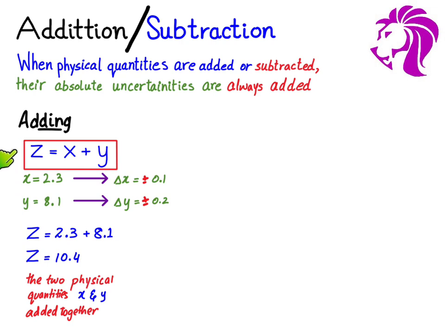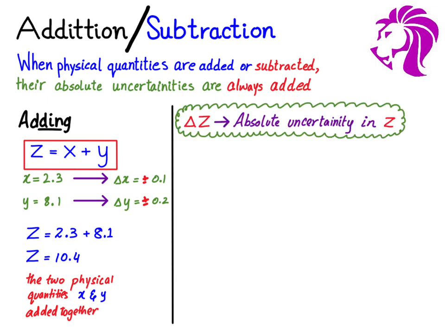That was what was suggested to you by the equation to do. Now since you had uncertainty in x, you had uncertainty of 0.2 in y as well, so there must be an uncertainty in this final value of z, that is 10.4. What would be that uncertainty? You were given the absolute uncertainties, and you are adding x and y, so whenever you are adding x and y, the absolute uncertainties are always added.